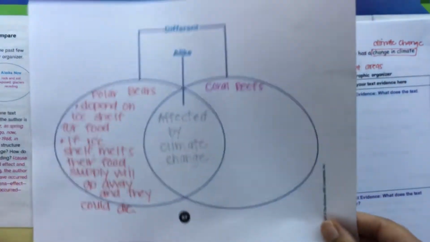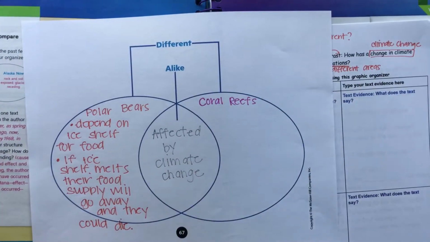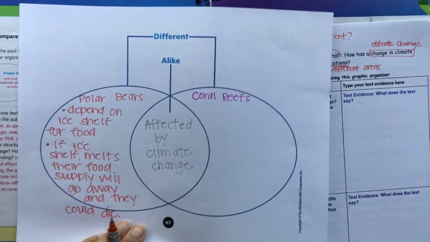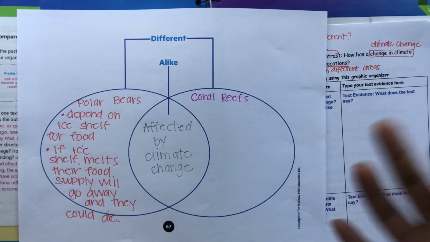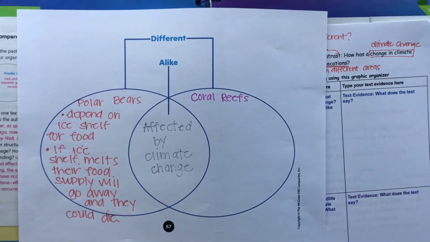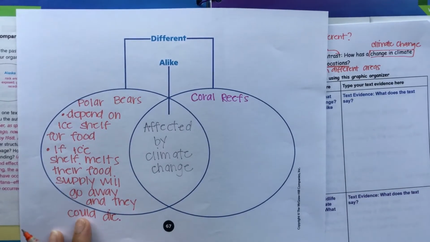Okay, so when we're thinking about how they're being affected, then we write about, we know that they depend on this ice shelf for food, and global warming is occurring. If the ice shelf were to melt, their food supply will go away and they could die.